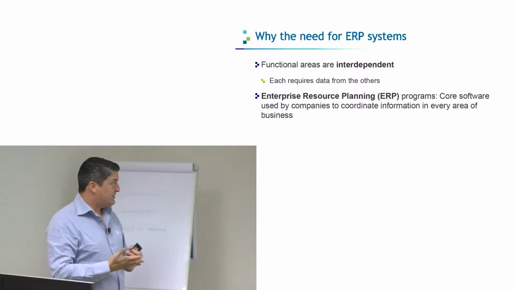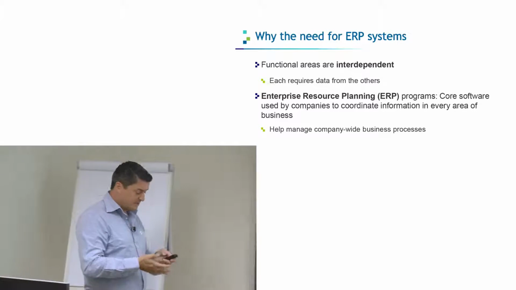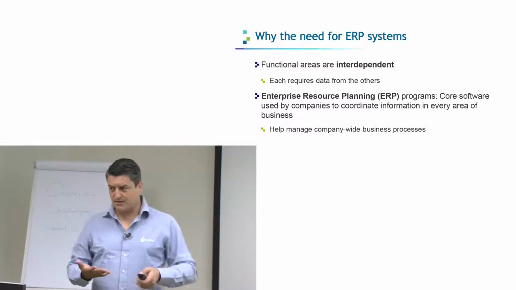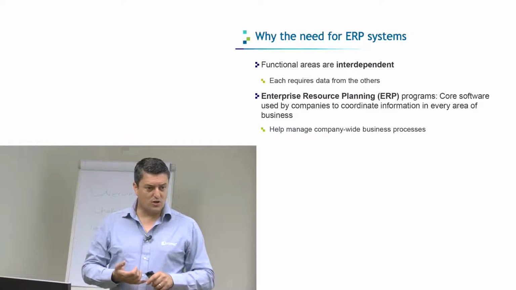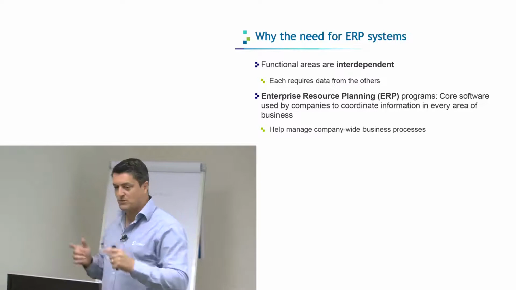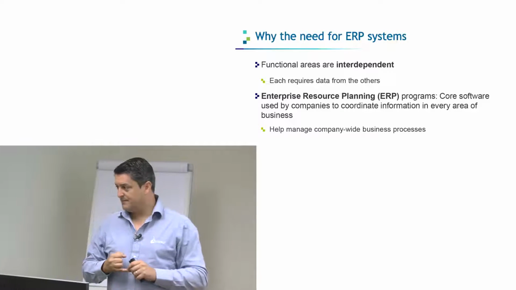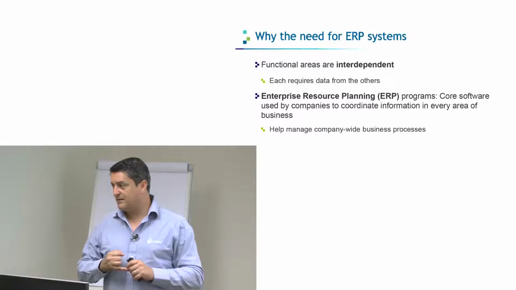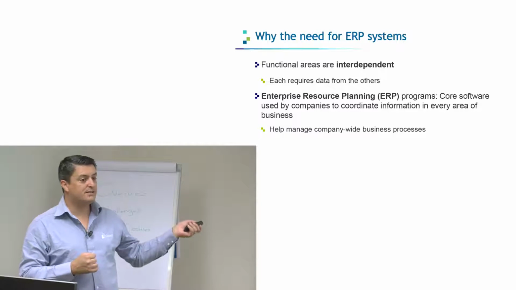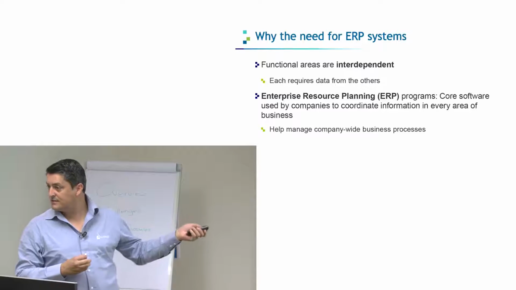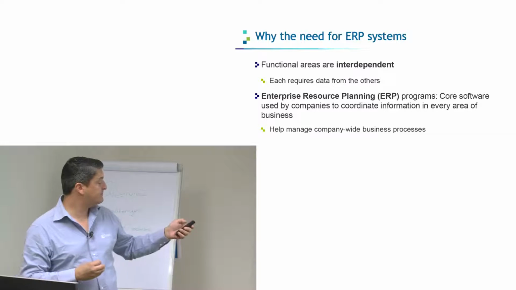So yes, it's to help manage company-wide business processes. The way we do that is by providing formalized processes that are congruent with the way the companies want to operate, providing a structured method, and by doing that we also provide visibility across the integration of all those functions.